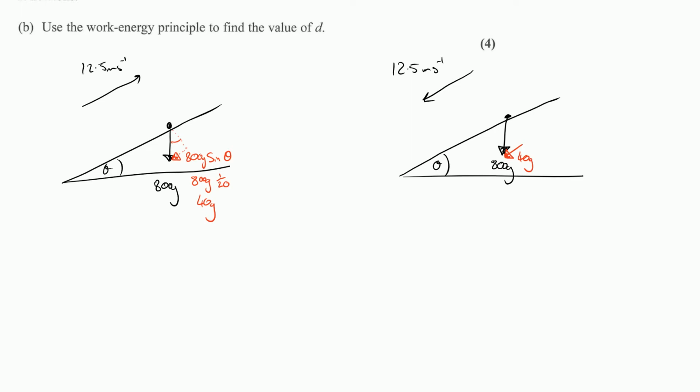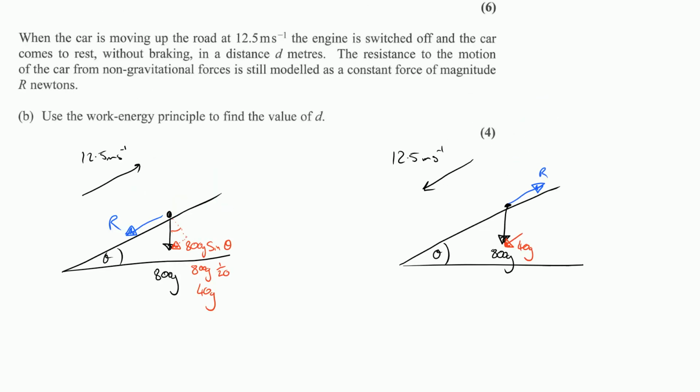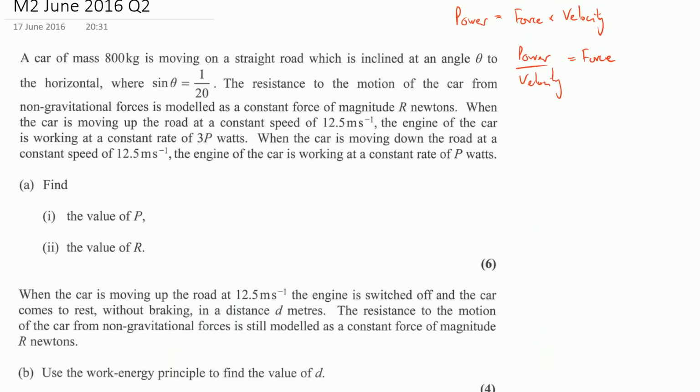Now, when we are moving uphill, we know the resistance to motion is going to be downhill, and that's going to be my R value. When I'm moving downhill, I know my resistance to motion is going to be uphill, so that's going to be my R value. Now, as I wrote down earlier, we have these two different power equations, so I'm using my power equation here, and when the car is moving up the road with a constant speed of 12.5 meters per second, the power is 3p, so that's going to give me 3p over 12.5 for the driving force forward.